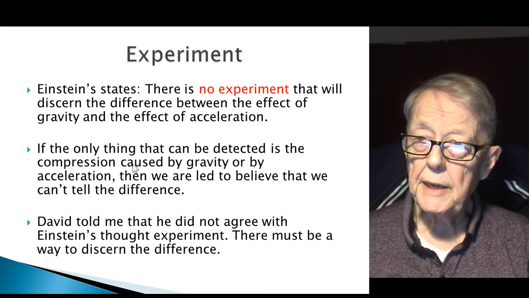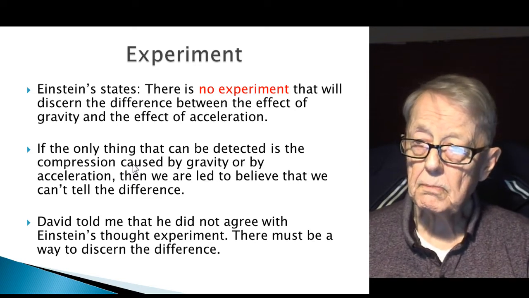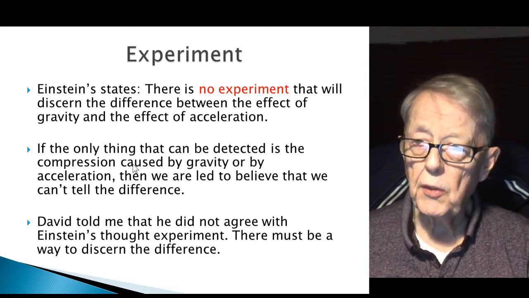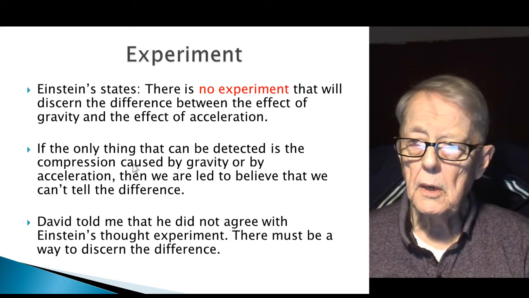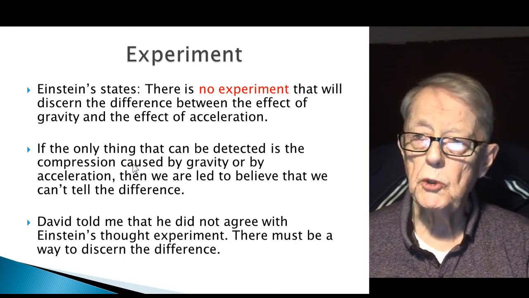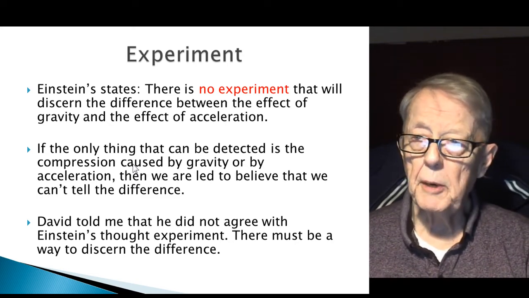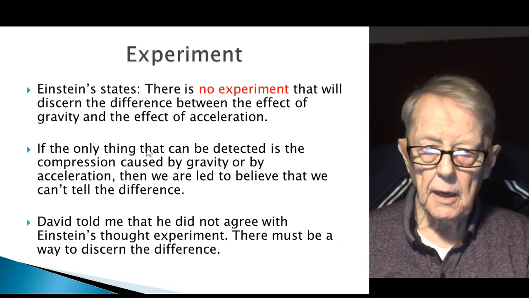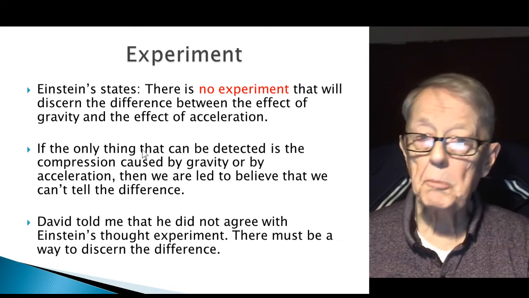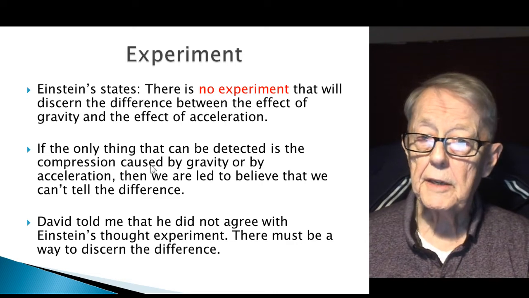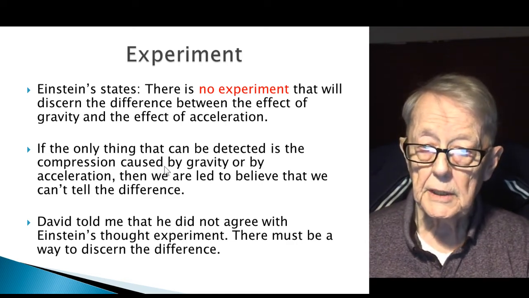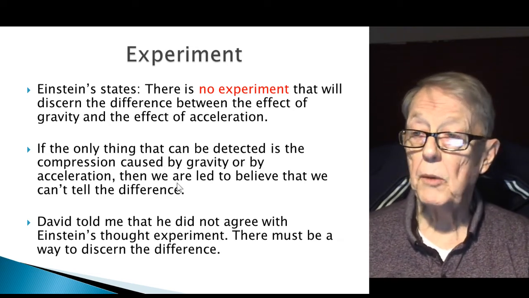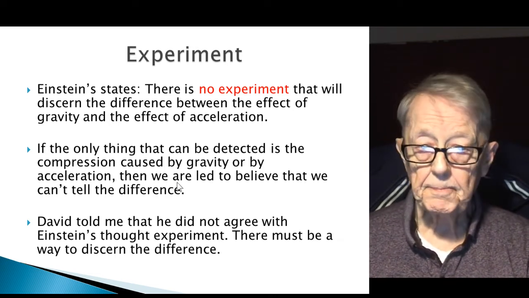He puts you in an elevator, and he assumes you don't know that you're in an elevator, and he puts you in that same elevator room on a spaceship, and he assumes you don't know this, so he's putting blinders on. And so he implies the only thing that can be detected is the compression caused by gravity or caused by acceleration. And then we are led to believe that we can't tell the difference.